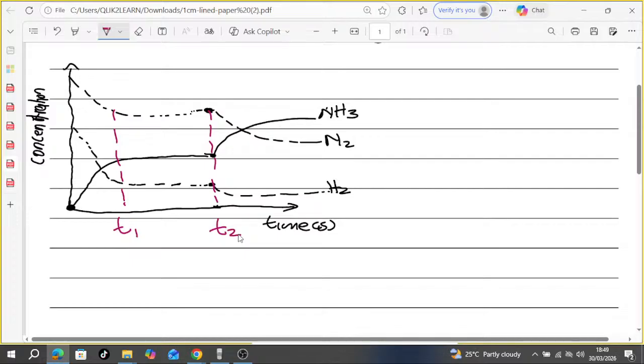Now let's talk about this one. Can you see that at T1 the system reaches what? Equilibrium. So at T1 the system reaches equilibrium.